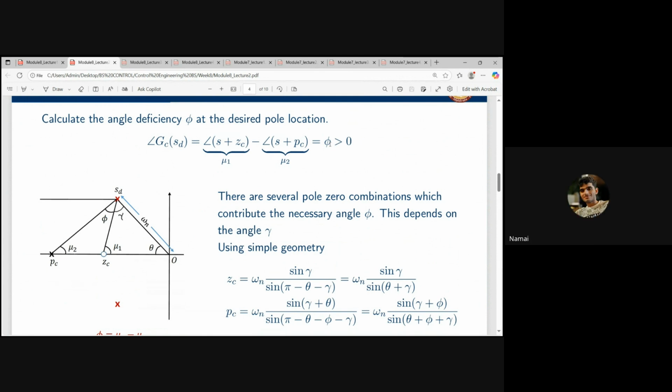It is G into GC, but when you take the angle, they add, since the argument of a product is the sum of the arguments. Here we are just talking about the controller. You know what phi you want because you know the open loop transfer function. You know how much phi you need from the phase of GC.